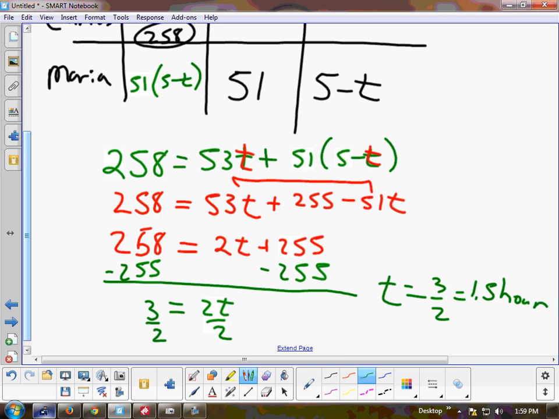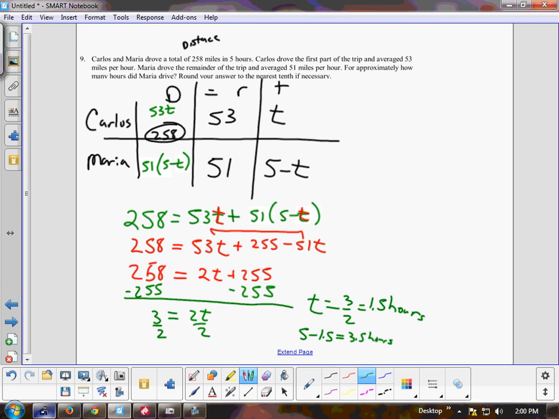And if one person drove 1.5 hours, then 5 minus 1.5 hours would be the other person's driving time, which would be 3.5 hours. Well, if we look back, which hours was which? t was 1.5 hours, and 5 minus 1.5 is 3.5 hours for Maria.